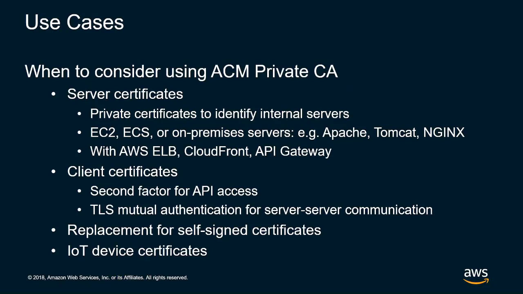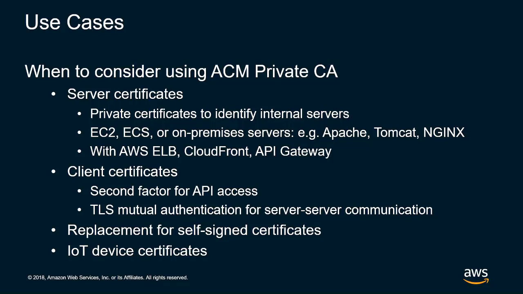So some of the use cases our customers are using Private CA for today are to create server certificates that protect and identify internal servers. Examples include Apache web servers, Tomcat, WebLogic web application servers, or to establish secure communications between server to server, such as when your web application is talking to your database.